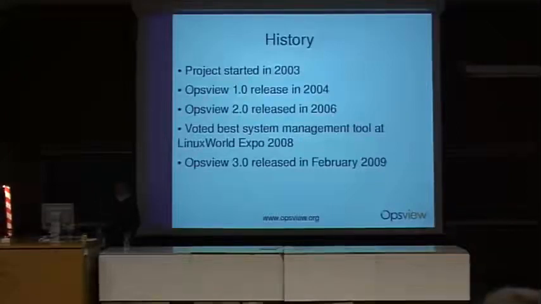He has several roles. Tom took on the majority of the development work into Opsview version 2, which was released in 2006. Since 2006 until the end of last year we continued to develop Opsview version 2, and 2.14.3 is the latest release of the 2 stream.